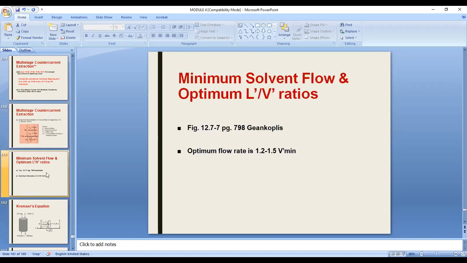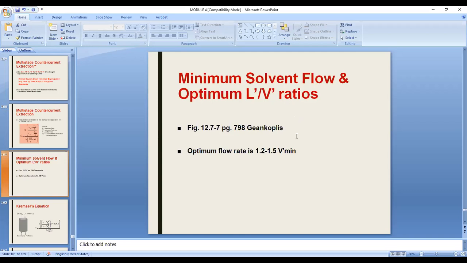For minimum solvent flow and optimum solvent flow, you first determine the minimum. You have this figure from John Copley's to go back to in determining the minimum solvent flow. The minimum solvent flow in extraction, in terms of principle and how you find it, is exactly the same as the way you find it in gas absorption. You find in this case the V minimum.